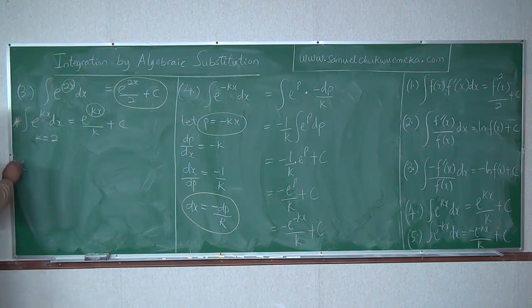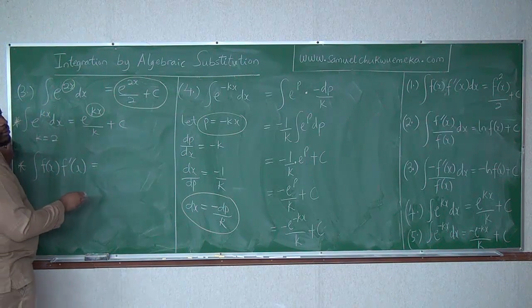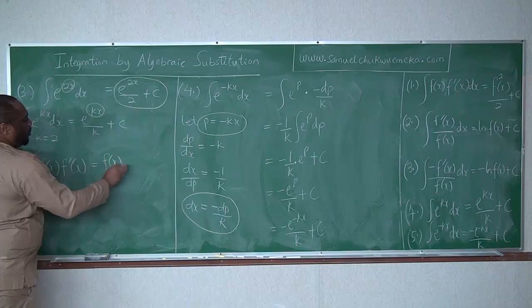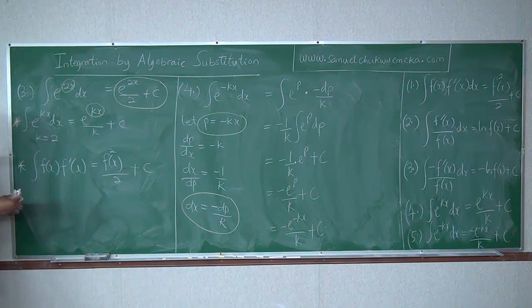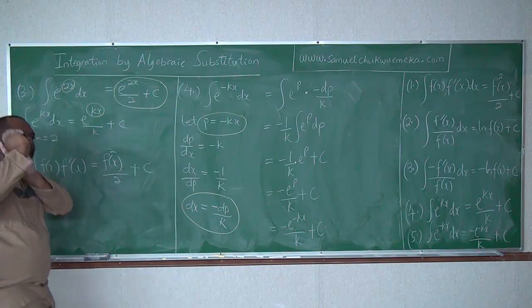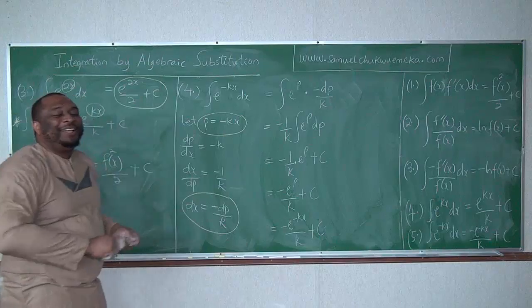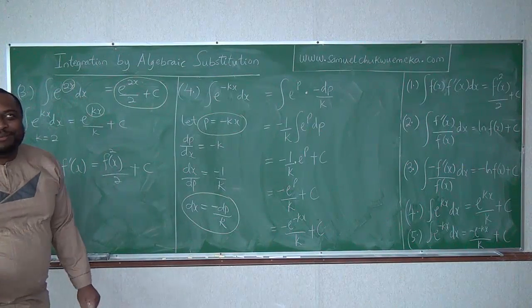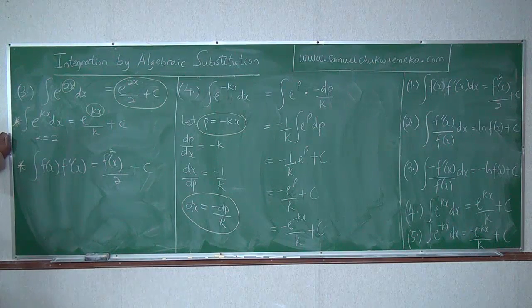Another one, we can do like number 1: the integral of f of x times f prime of x equals f of x all squared over 2 plus c. How do we do it with number 1?